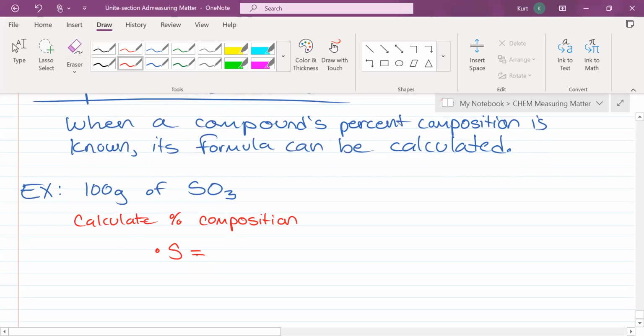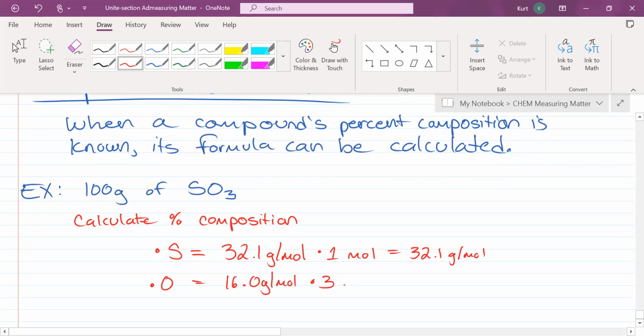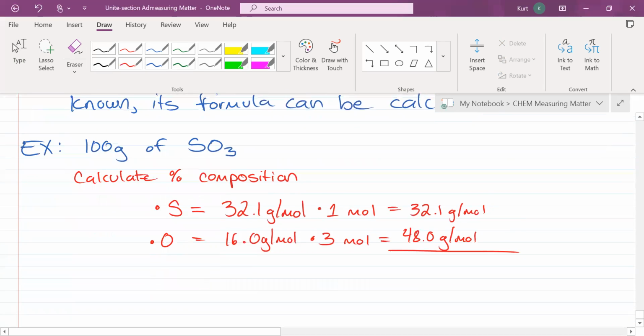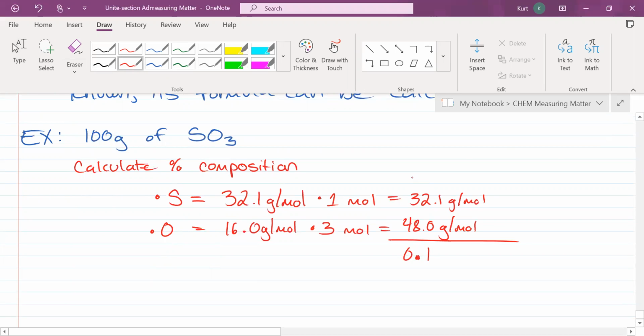Sulfur's 32.1, right? Did you guys get 80.1 grams per mole?